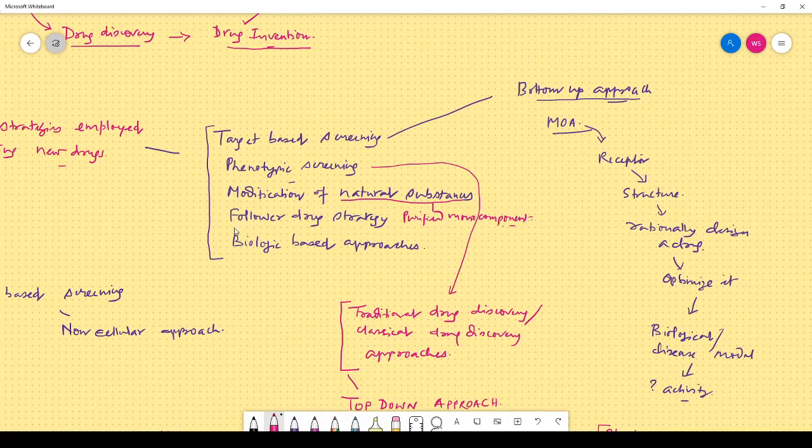The other way is the follower drug strategy. What is a follower drug? There is an already existing drug, and the structure is available, and the pharmacology is published.